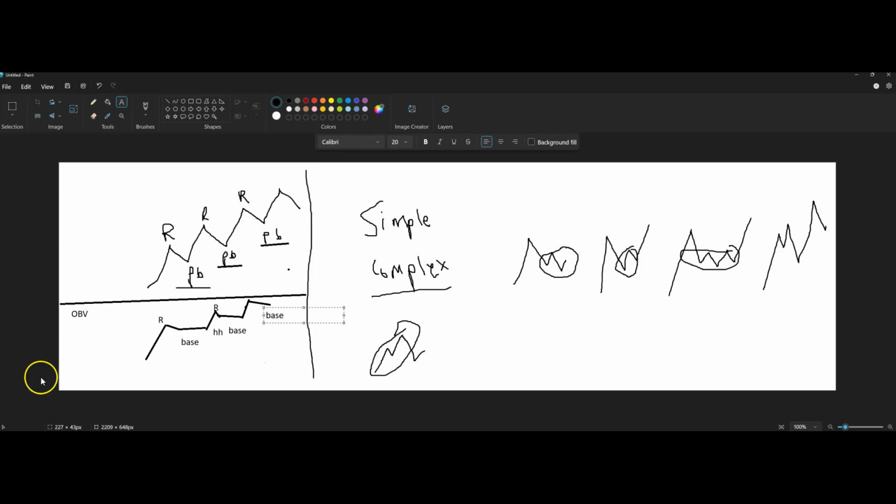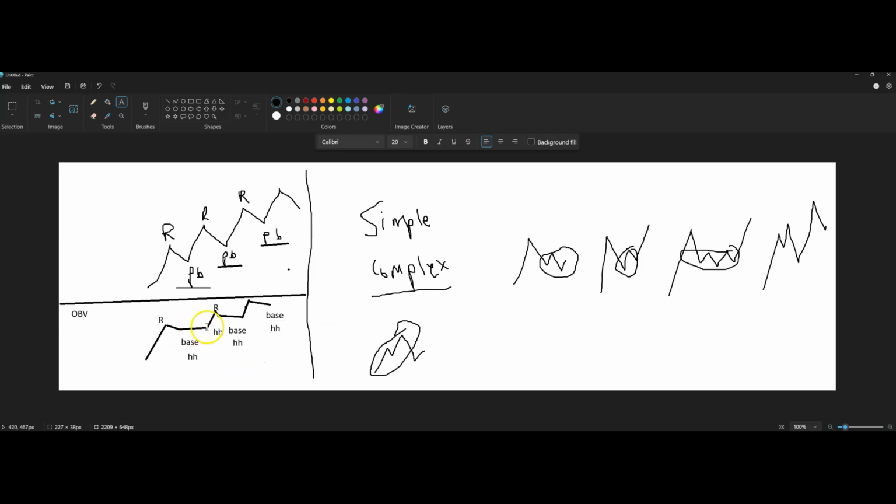What do you notice? Just like price has pullbacks that are supposedly higher highs, your base should be higher than the prior base. The bases should be higher.